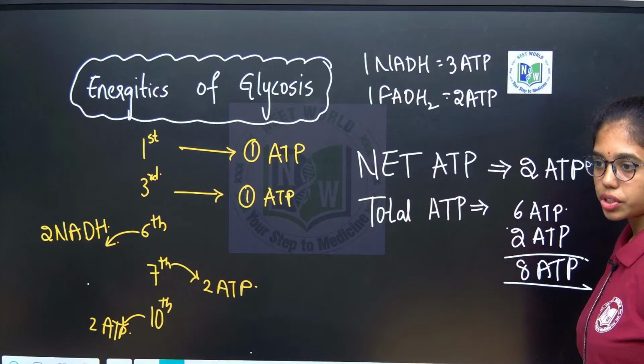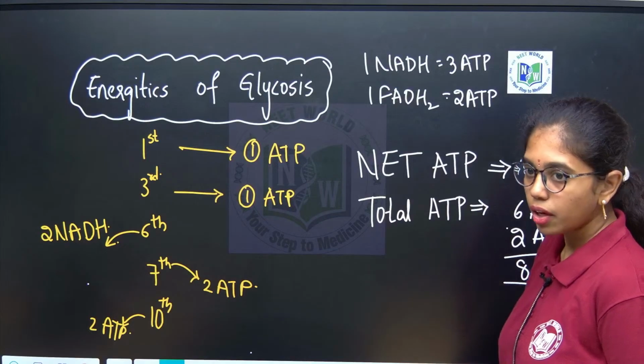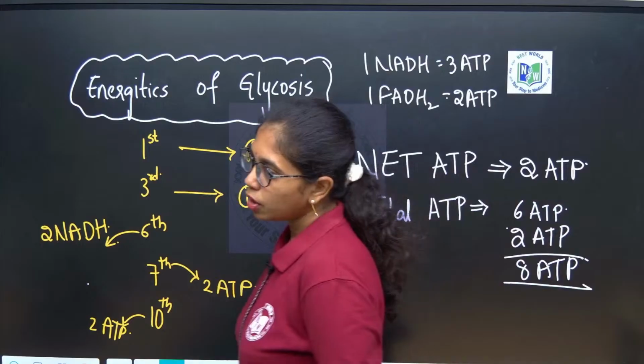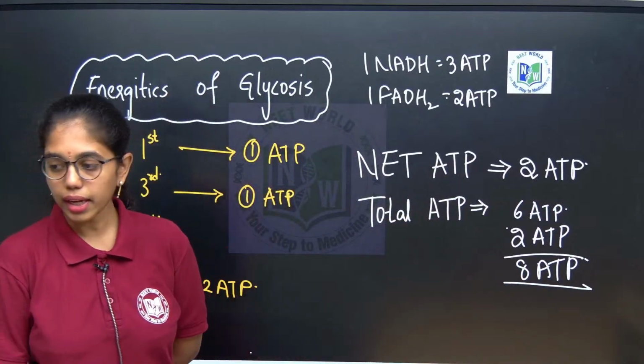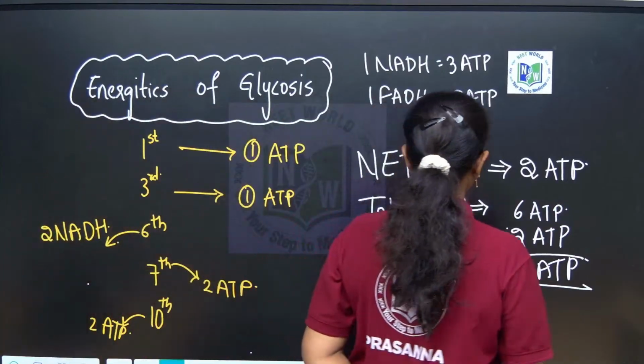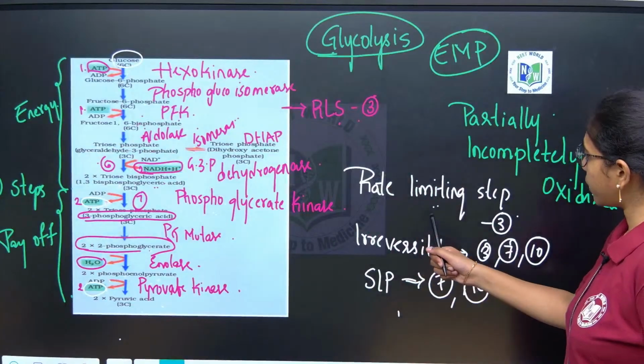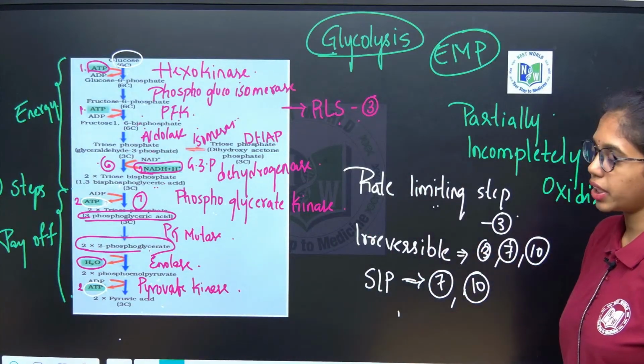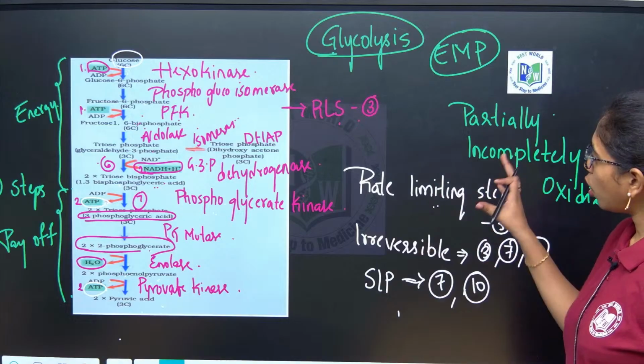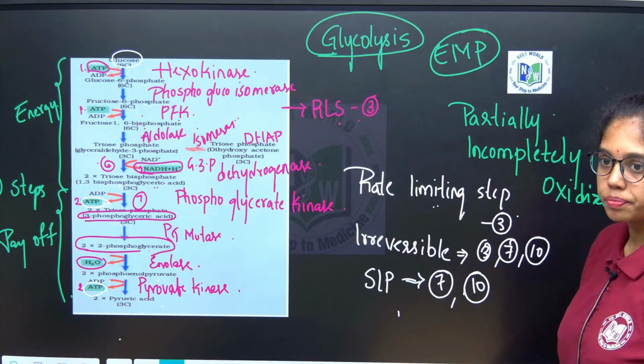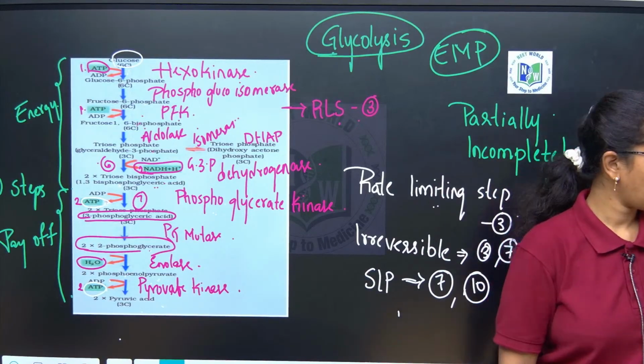Clear with the energetics of glycolysis? Fine, right? What is the net ATP and what is the total ATP? Clear? And where do you find the irreversible steps, rate limiting steps and substrate level phosphorylation? Once go through everything in a single minute, just go through it.